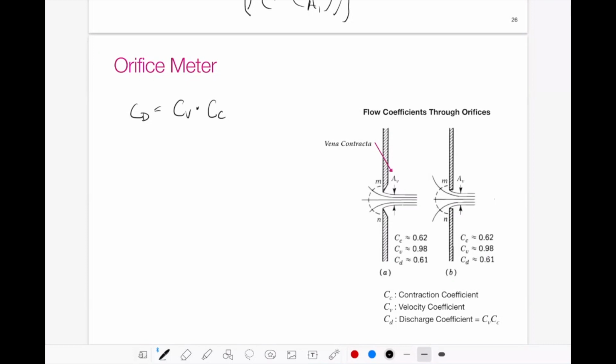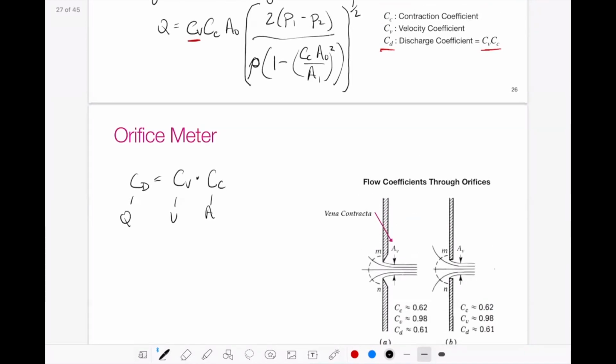Discharge, think of this as related to Q, this is related to V, this is related to area. So contraction is the ratio of our area change, velocity coefficient is the ratio of our velocity change, and the discharge coefficient is related to our flow rate change, which is Q, and Q is equal to V times A, so CD is equal to CV times CC.